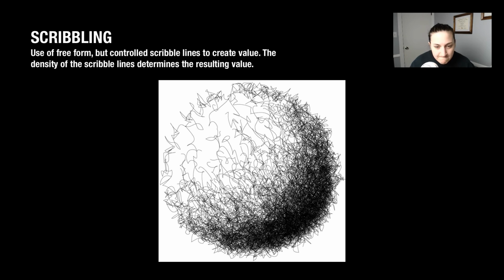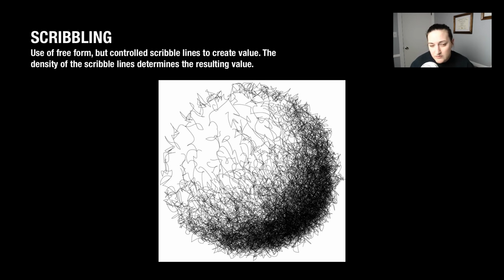Scribbling. I'm not a big fan of this one, but I shouldn't say that. I just don't particularly have fun using it, but it is a very legitimate way of using mark making. Use of free-form but controlled scribble lines to create value. The density of the scribble lines determines the resulting value.